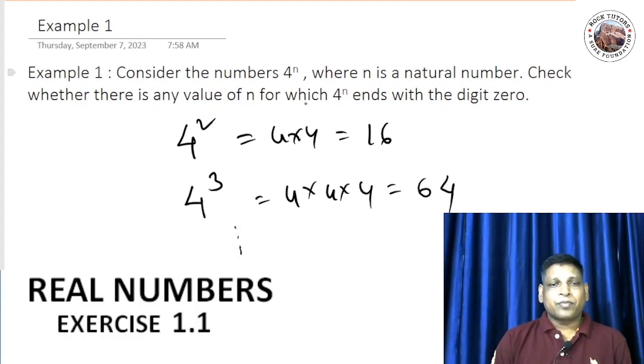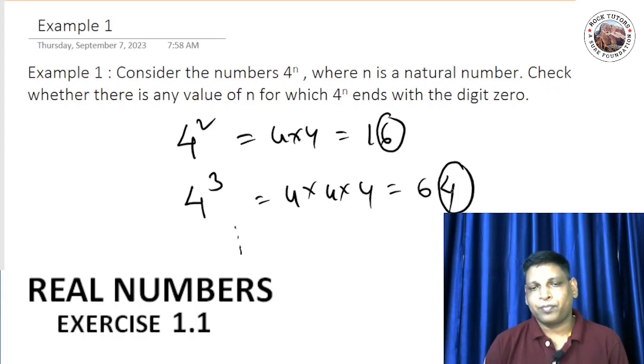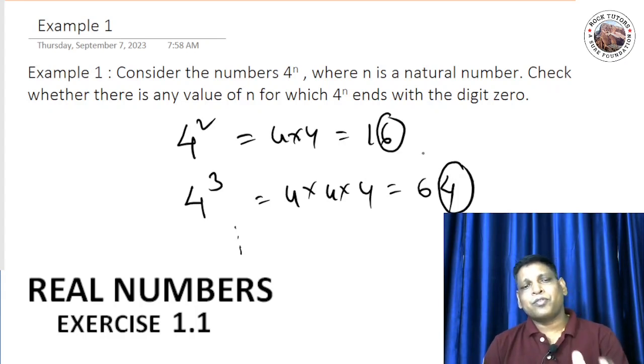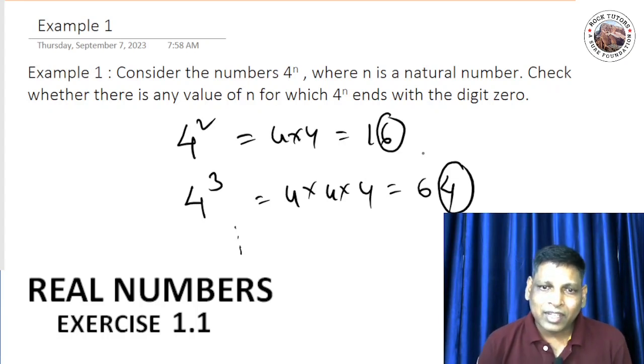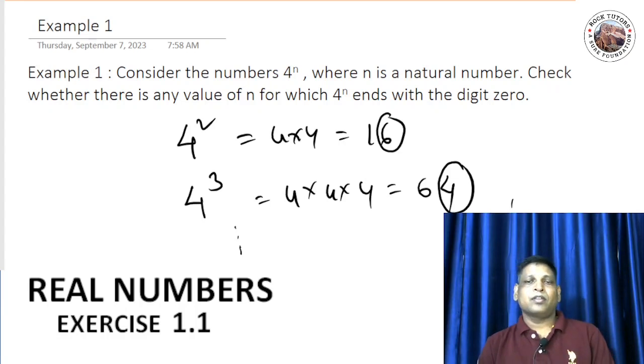He's saying, for any value of n, does 4 power n end with the digit 0? Here the last digit is 6, here it is 4. Take any power, maybe 5 or 6. Does it end with 0 or not?